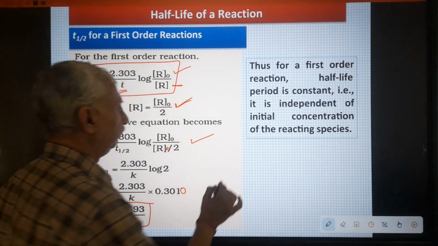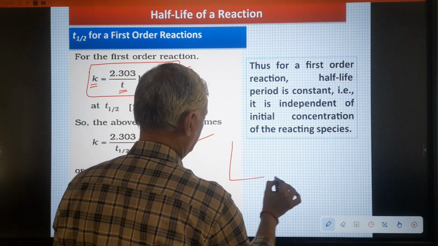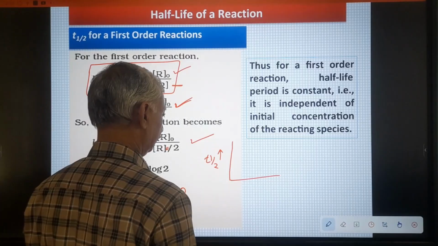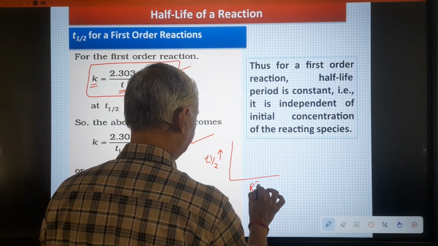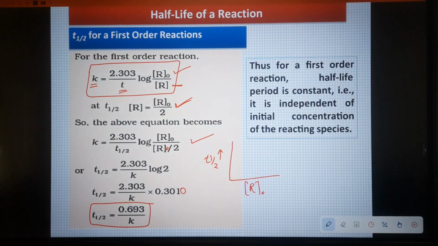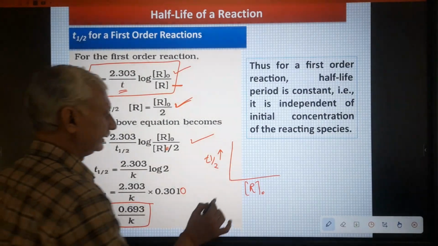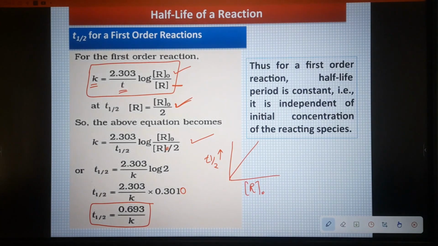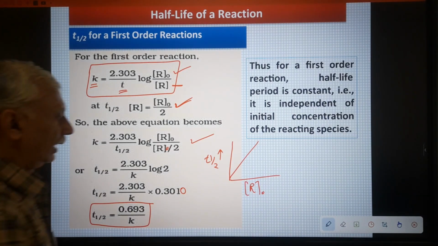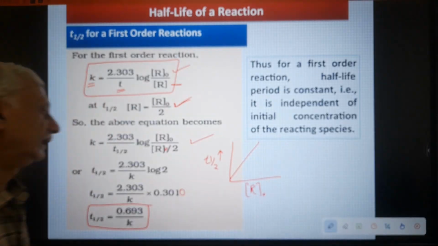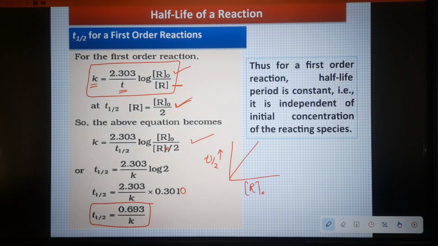So when we plot T half against the concentration of the reactant for a zero order reaction, this type of plot will be obtained. Means half-life period is directly proportional to the initial concentration of the reactant.